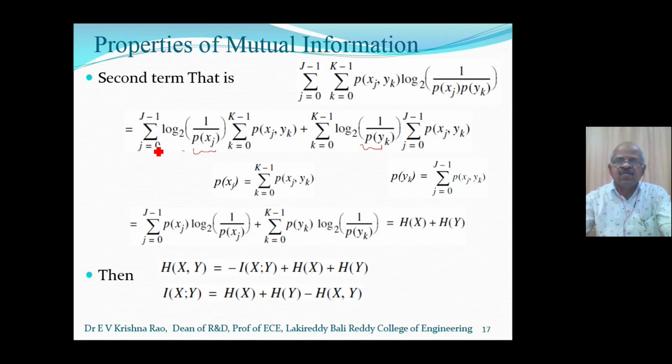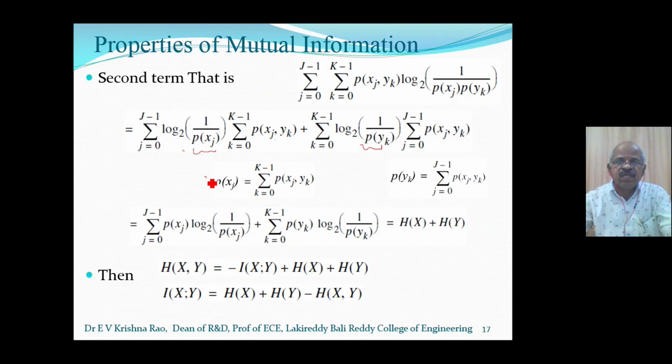Out of these, by manipulating, we have the summation over j equal to 0 to J minus 1 of the logarithm base 2 of 1 by p of xj, and the rest of the term is the summation over k equal to 0 to K minus 1 of p of xj comma yk. What is the sum of joint probabilities over k equal to 0 to K minus 1 for every input xj?